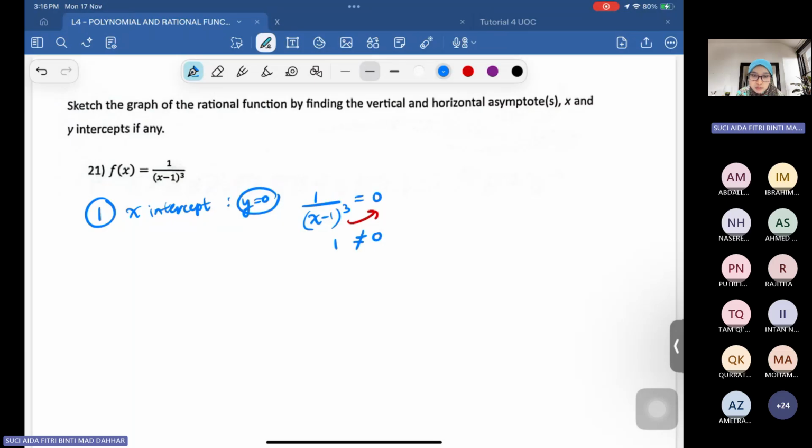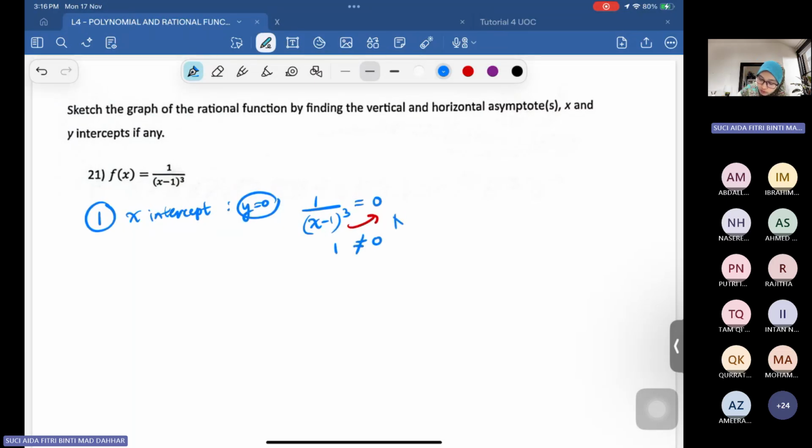That cannot be happening. 1 is not equal to 0. Meaning there's no solution to this. There's no x value that can give your y becoming 0. So when there's no solution for x, there will be no x-intercept. You won't cut the x-axis. Okay?